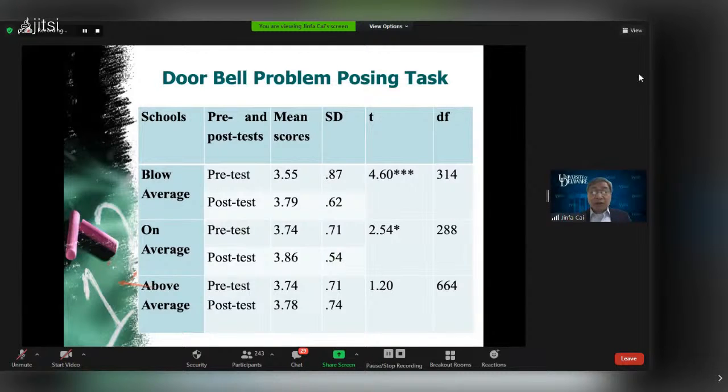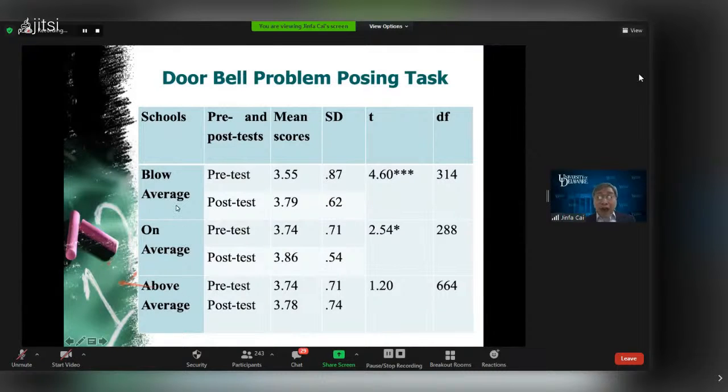So across the problem-posing tasks and problem-solving tasks, one interesting finding is that the growth from pre-test to post-test is somewhat different for students in those different schools.